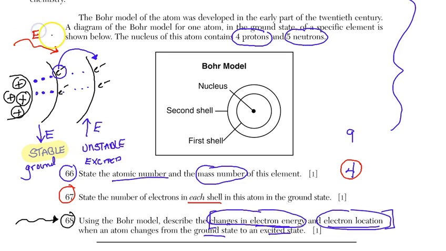So energy is being absorbed here. So the changes in electron energy: the electron energy is going up because we're absorbing energy and we're going farther away. They're not talking about whether we're absorbing or releasing energy, but they're talking about the changes in electron energy. So electron energy is going to go up and its location is going to be farther away.